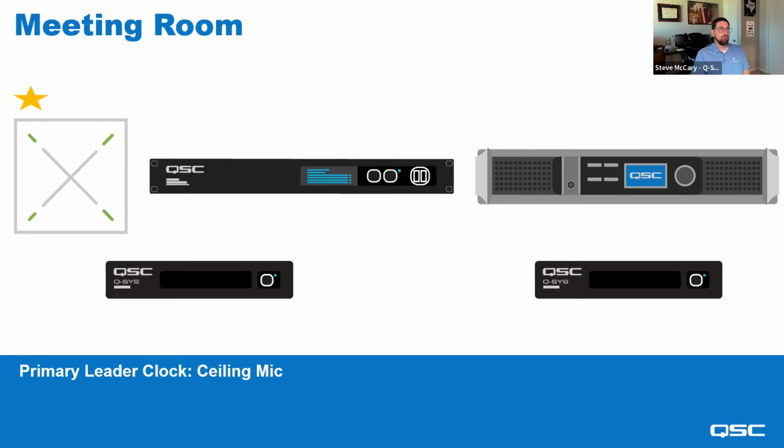We have 2 peripherals, whether that be an NV or an IO8 Flex or whatever that happens to be. And we have an amp. In this scenario, our ceiling mic would end up being our clock leader because we didn't change anything on the core, and the Dante device gets the priority because it comes at 128.